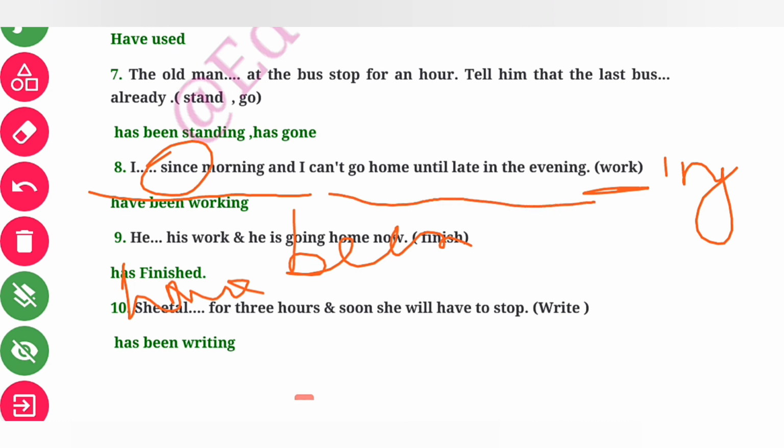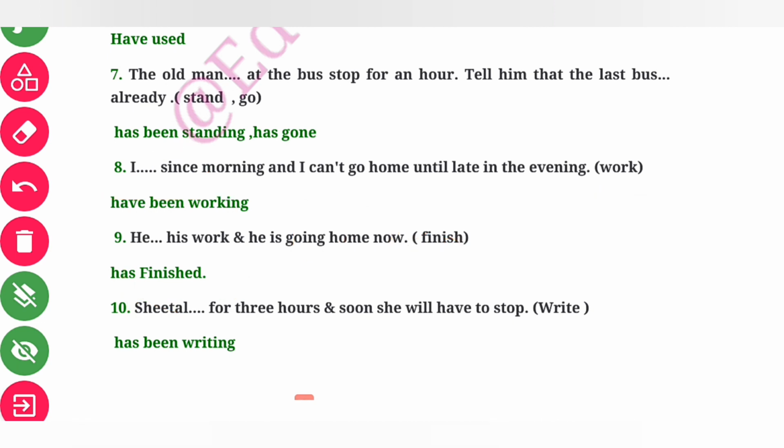ठीक है, देखिए 9th, he dash his work and he is going home now.